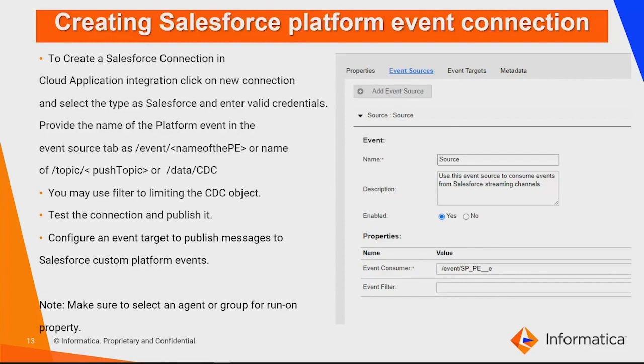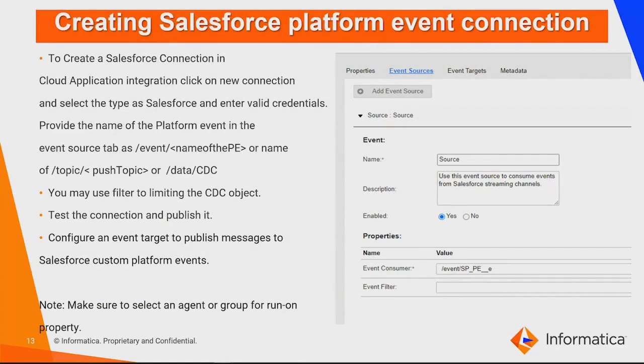Before you start creating a connection, make sure to validate that you have a cloud application integration license and access to the cloud application integration designer page. That is, you have access to the application integration app. Once you have this, go ahead to application integration and you can start creating the connection there.